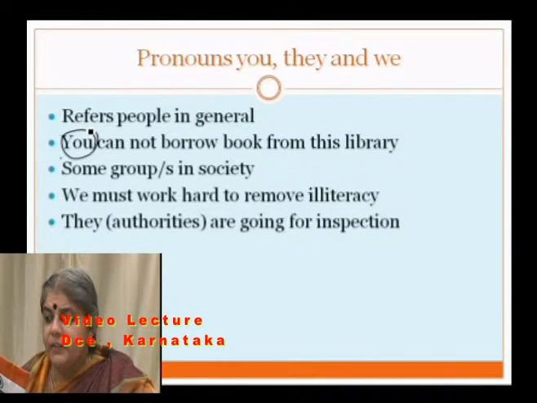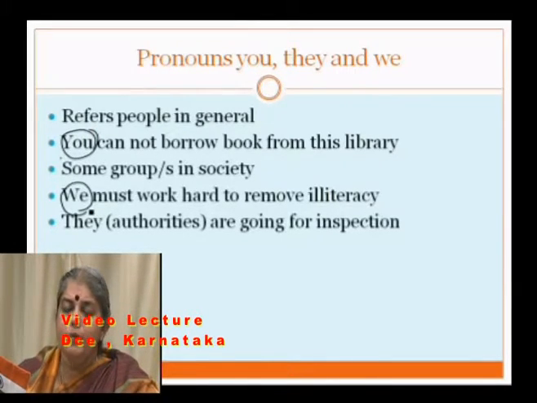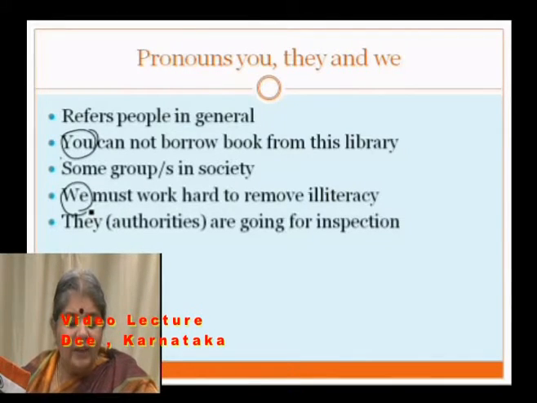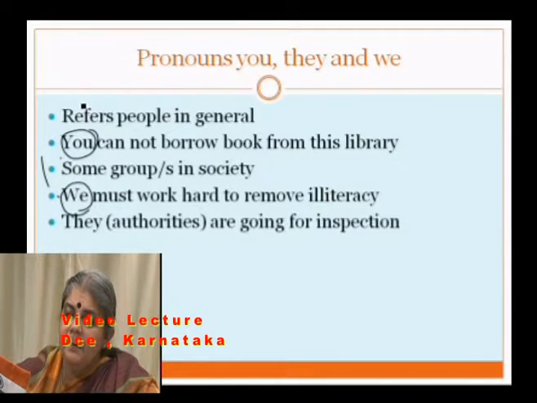It also refers to group or groups. Which one? We. Having given you an example of you, now I am going to give you an example of we. We must work hard to remove illiteracy. When I say we, it refers to people in general.